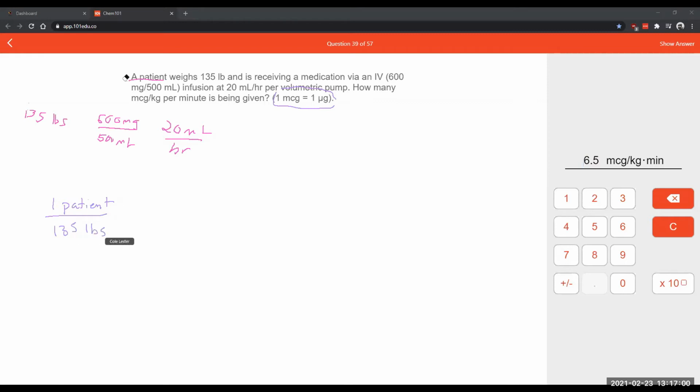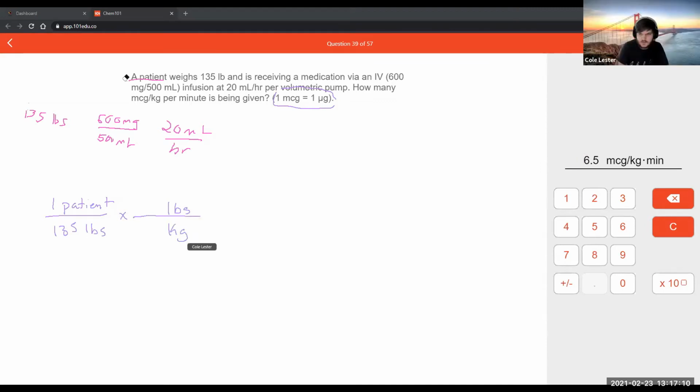And then you times that by the conversion factor for pounds. So like 1 kilogram is, I don't remember. Yeah, the conversions you guys can look up, or you should have written down. So I won't put them necessarily because I don't want to give you the answers for these, just guide you through it. Okay, so we've converted pounds to kilograms.